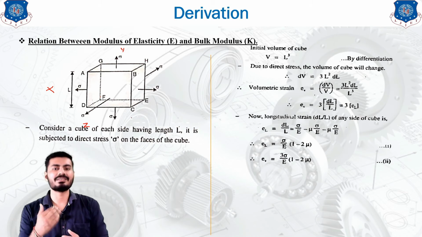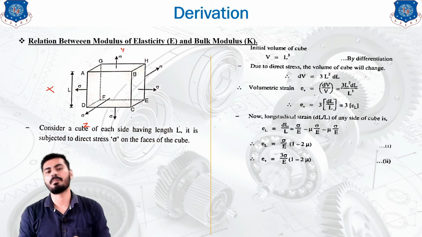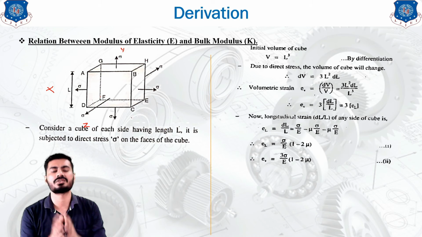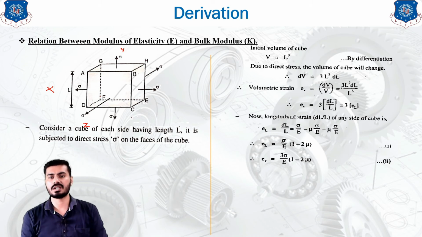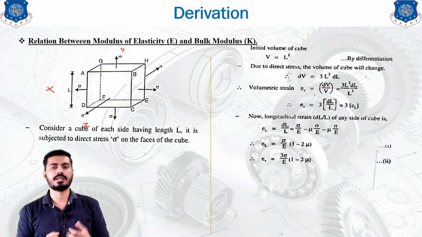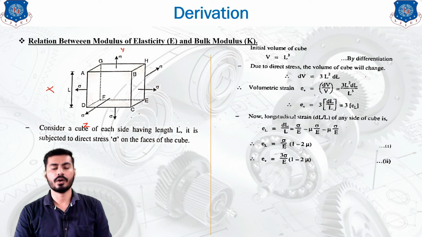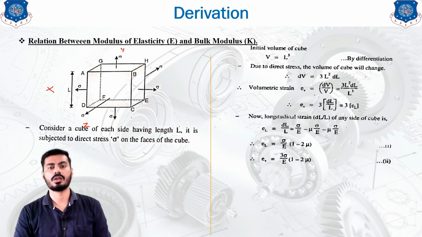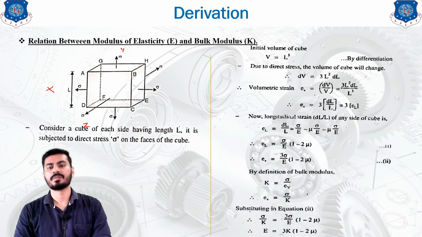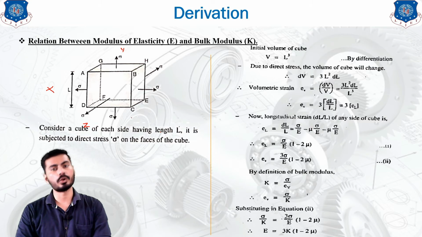Now you can easily find the volumetric strain by putting this value into the volumetric strain equation, epsilon V equals 3 times epsilon L. So epsilon V equals 3 times sigma upon E into 1 minus 2 mu. These are our basic equations in terms of the volumetric strain. Now we will see the rest of the bulk modulus definition.